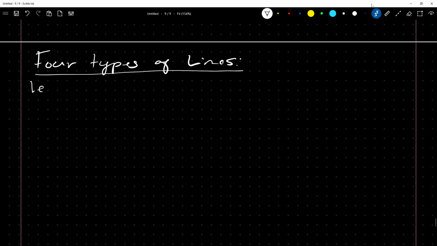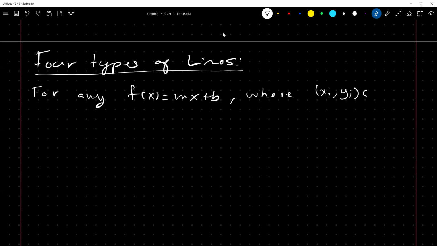For any f of x equals mx plus b, where our points xi and yi are real numbers, first of all, if m is greater than 0, then our function f of x is increasing.